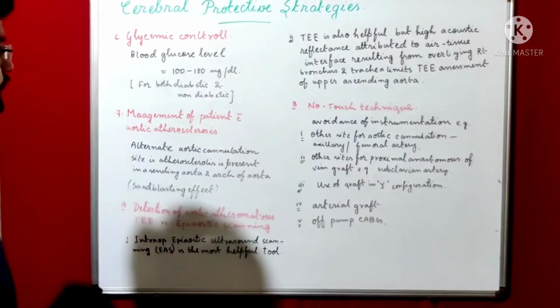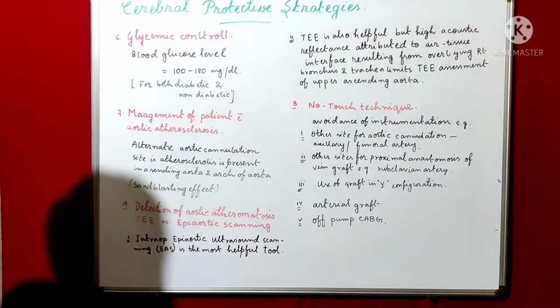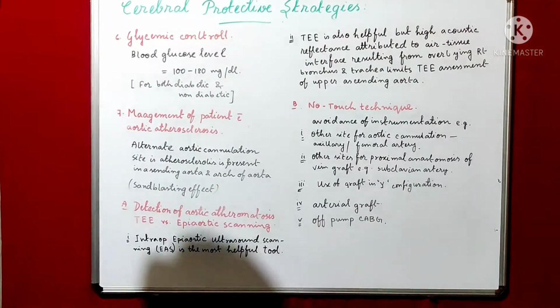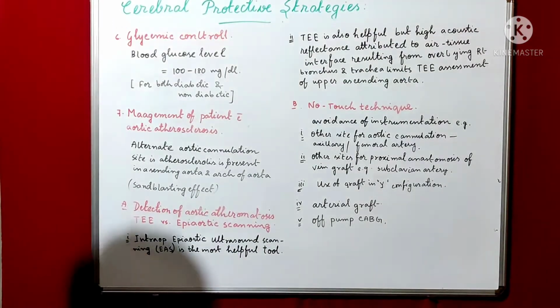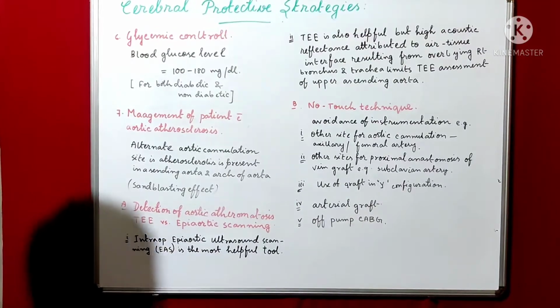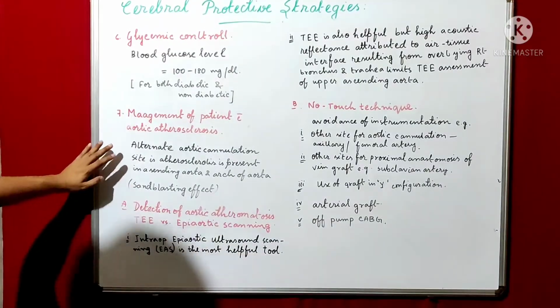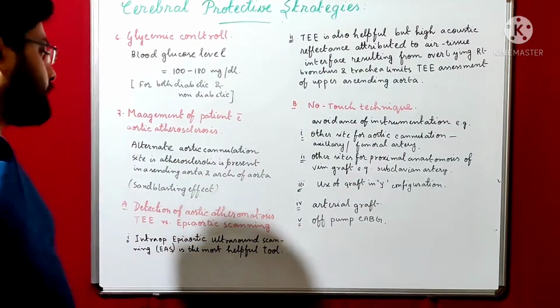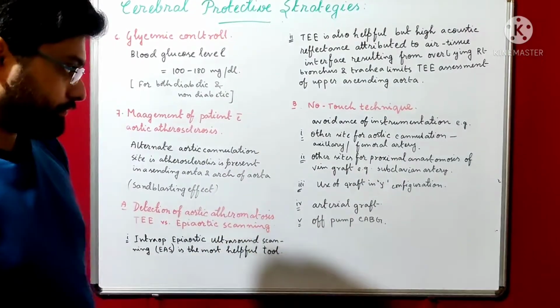So what can be done? An alternate aortic cannulation site, and many other strategies which we are going to discuss, to prevent instrumentation of the ascending aorta and arch of aorta if atherosclerosis is present.